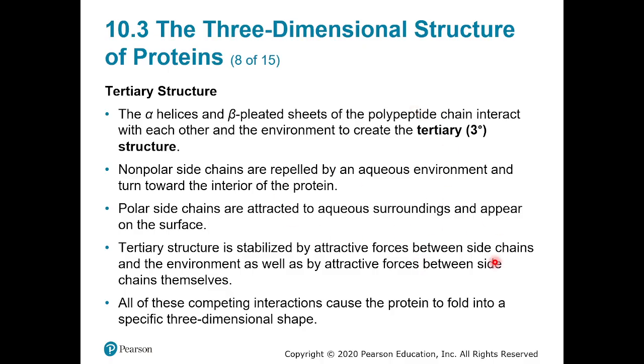Tertiary structures can be stabilized by attractive forces between side chains and the environment, as well as attractive forces between side chains themselves. All of these competing interactions actually create the three-dimensional shape that your protein's going to stay in. Though, interestingly enough, proteins don't necessarily fold back into their original configurations if you unfold them.